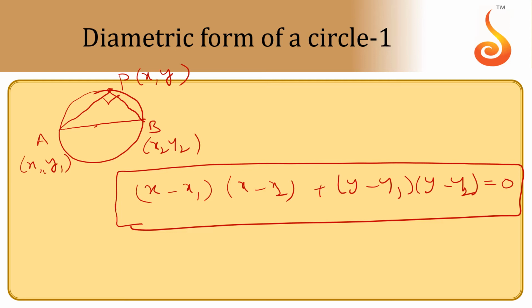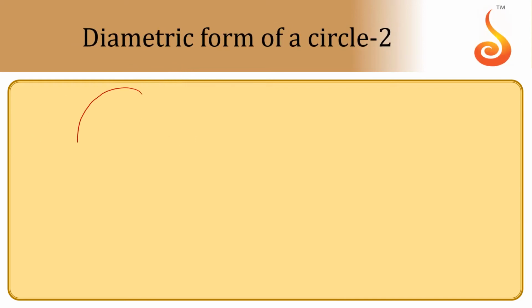Now observe carefully. This is a circle. Assume this is the diameter, so A and B are the extremities of the diameter.